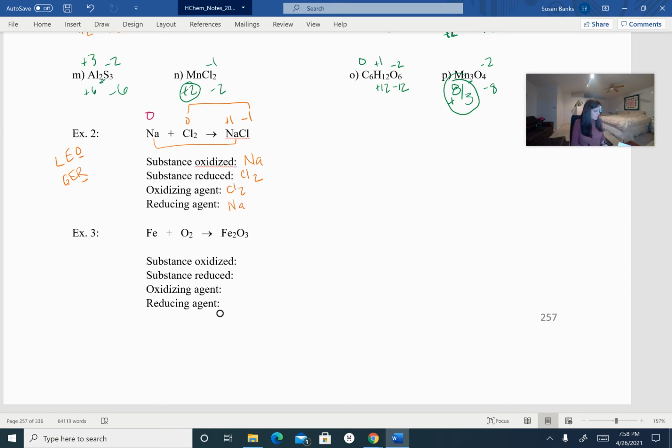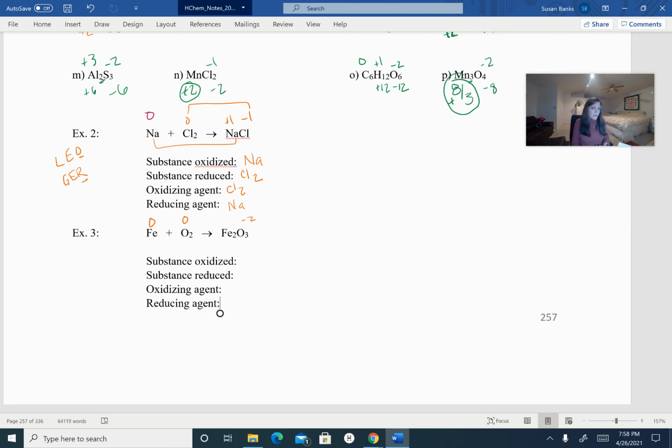Okay? All right. Number 3, let's assign the oxidation numbers. Remember, elements are 0. So iron is going to be 0 because it's elemental. Oxygen, O2, is elemental, but we've got iron(III) oxide. Now let's do this mathematically.